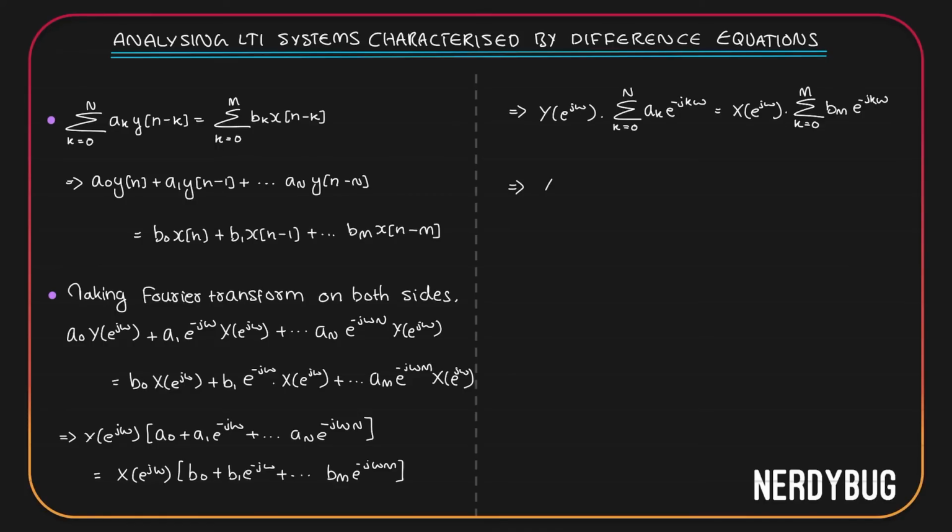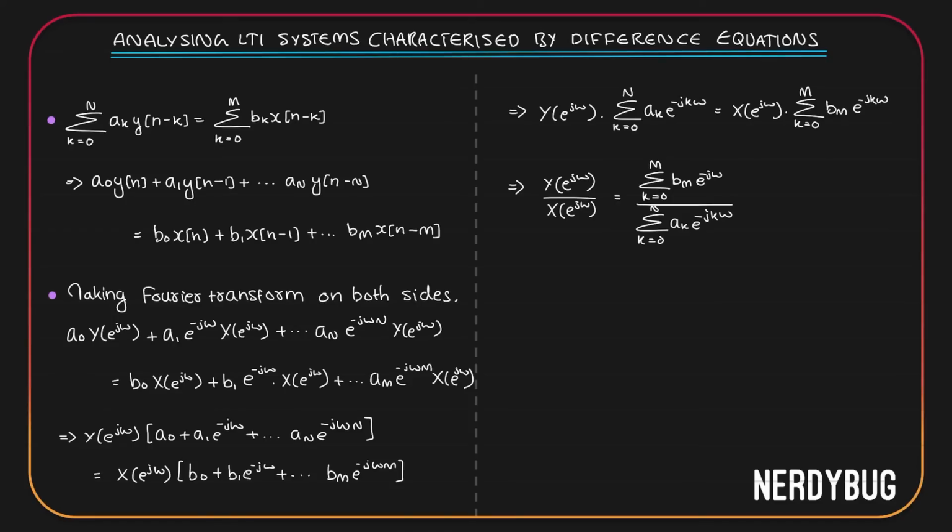Now from here we can write Y of e raised to j omega divided by X of e raised to j omega. It will be equal to summation from k equals 0 to M bK e raised to minus j k omega divided by summation from k equals 0 to N aK e raised to minus j k omega.